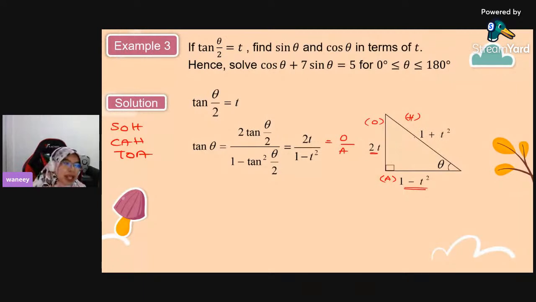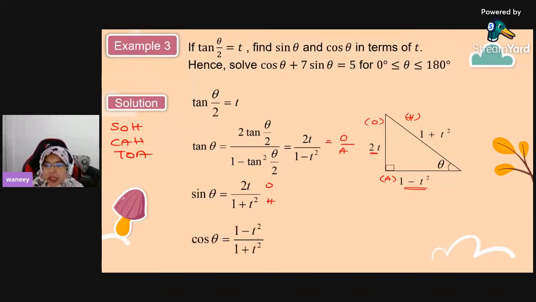From that right angle triangle, we can get the ratio for cos theta and sin theta in terms of t. Sin is equal to the opposite over the hypotenuse, so sin theta is 2t over 1 plus t square. Cos is adjacent over hypotenuse, so we get 1 minus t square over 1 plus t square.